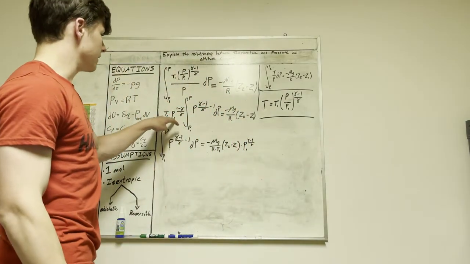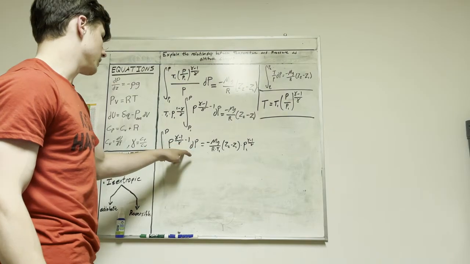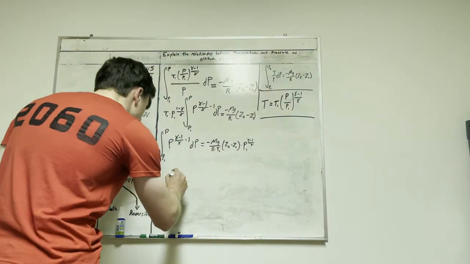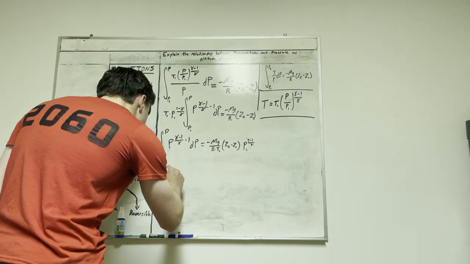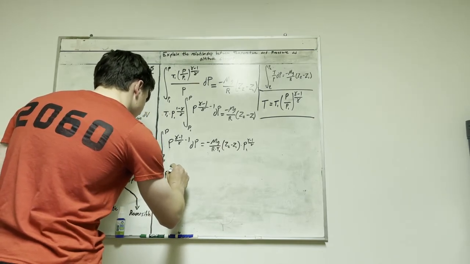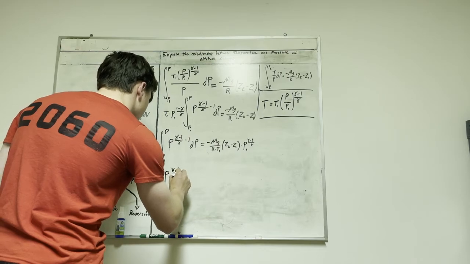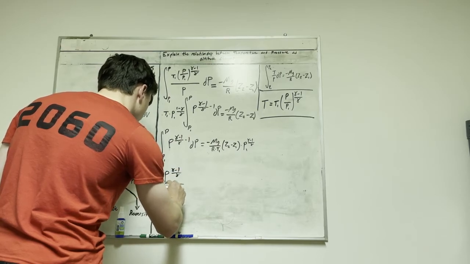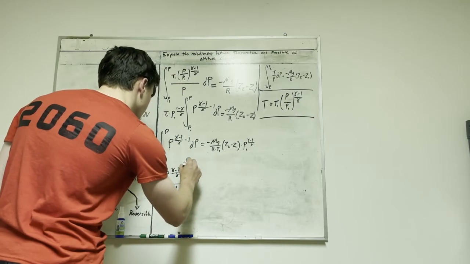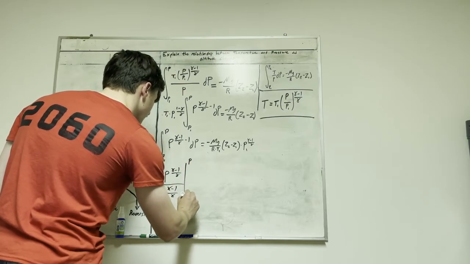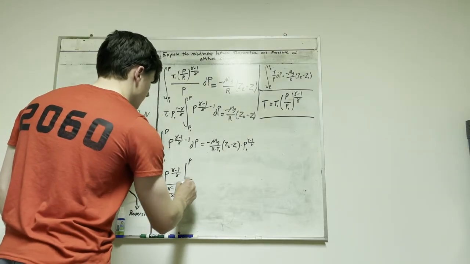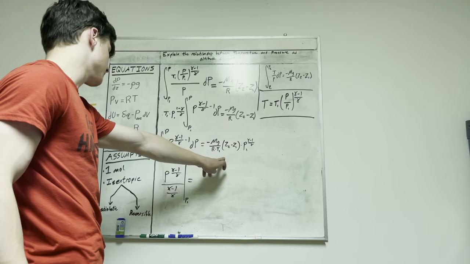All right, now that we have these both moved over, we can now integrate with these two bounds. We have pressure to the gamma minus 1 over gamma, minus 1 over gamma, from P1 to some final pressure is then equal to this.